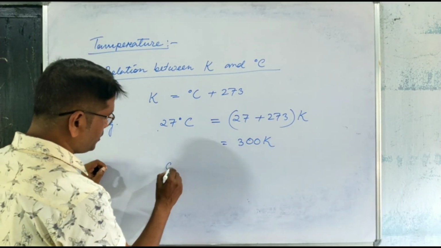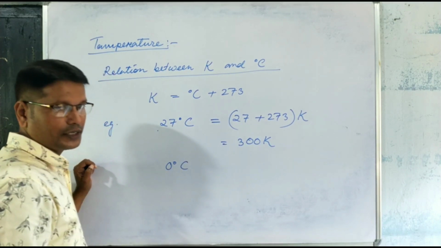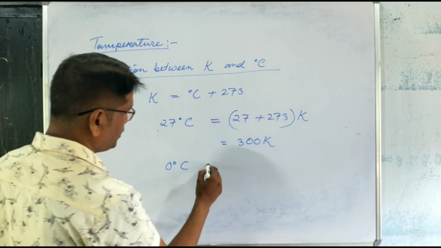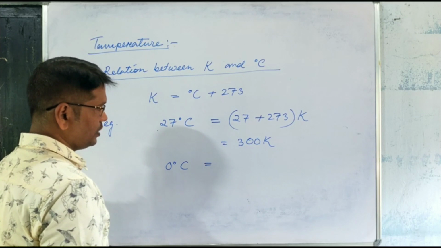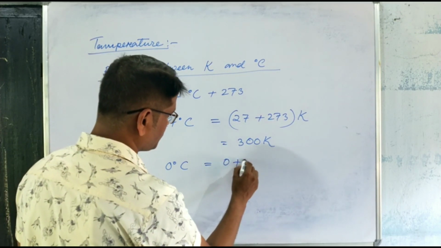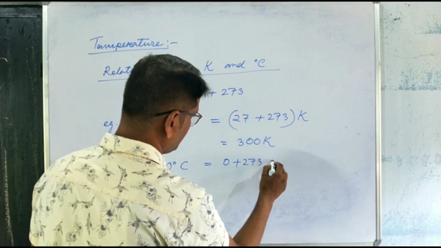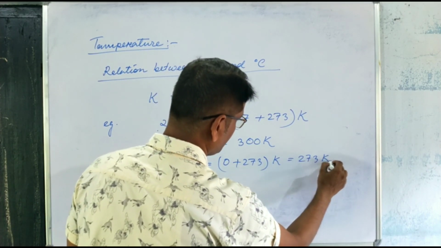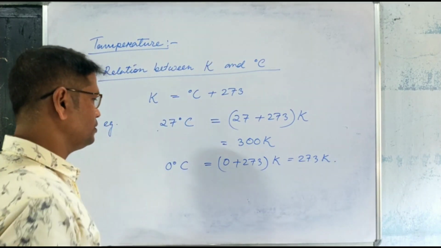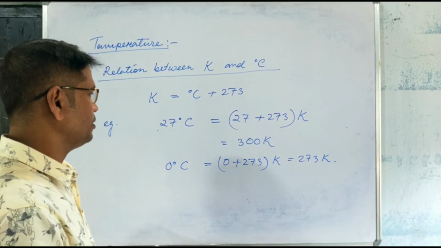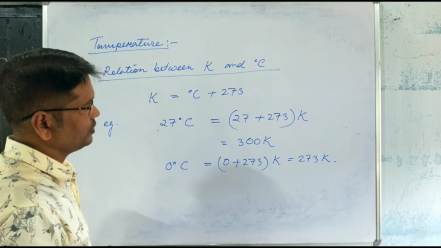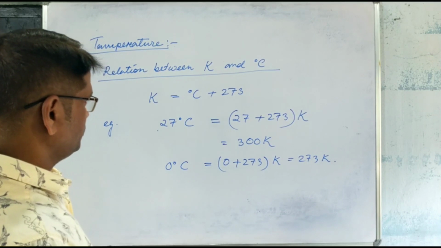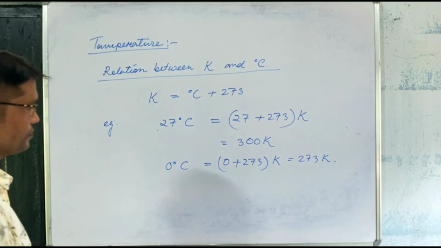Similarly, suppose we have given 0 degree Celsius temperature. Then it can be expressed in Kelvin in this way: 0 plus 273 Kelvin. So equal to 273 Kelvin. So these are very simple to convert degree Celsius to Kelvin or Kelvin to degree Celsius.